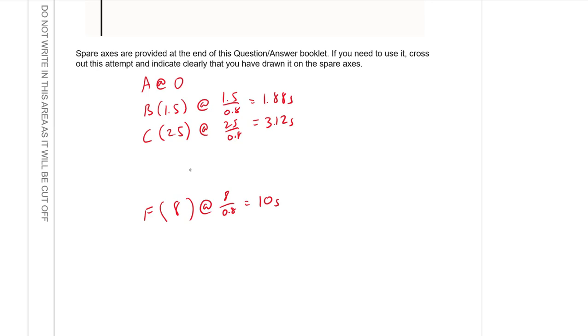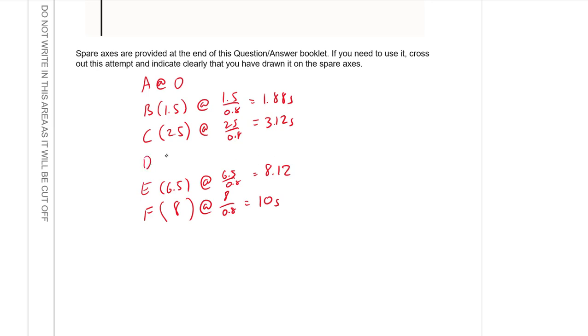In fact, if I go another 1.5, so remember it comes in 1.5 from the edge, that means E is going to be, what's that, 6.5? And that's going to be happening at 8.12. On these, I round to the even number. If you round it up, you'd have 3.13 and 8.13.